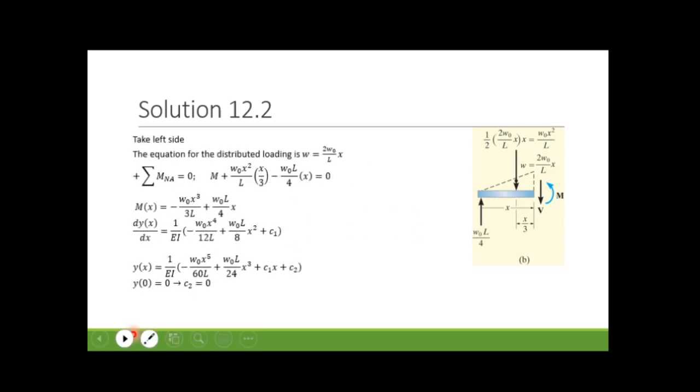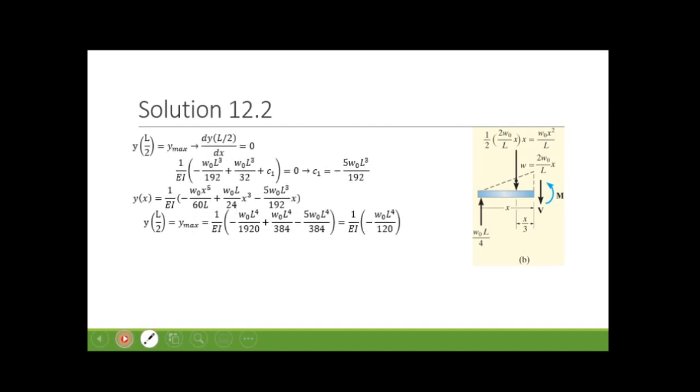Also, you remember when we were defining the boundary, the maximum y max is equal to the middle of the beam. Therefore, I can say the slope of the beam at point x equal to L over 2 should be equal to 0. Therefore, I have to write the slope function, and I have to write L over 2 instead of x in the function.